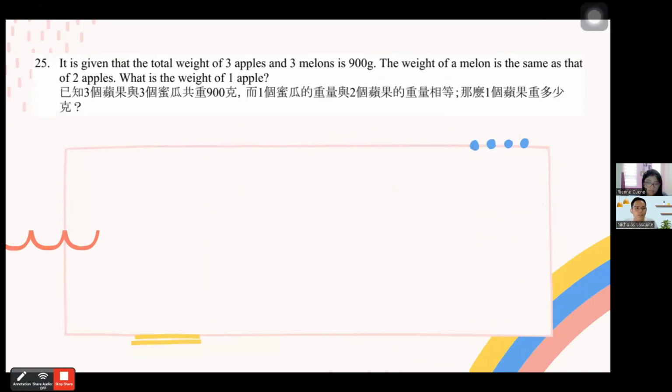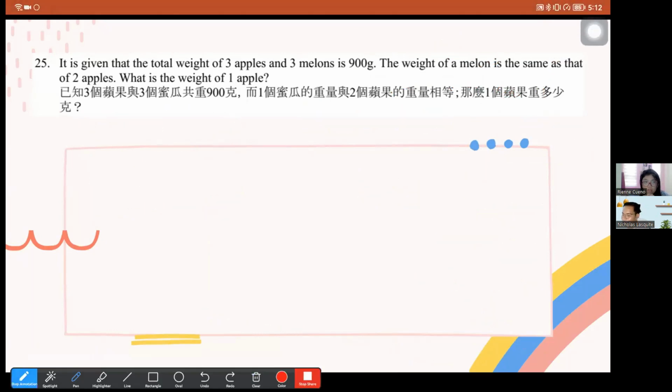Okay, so it is given that the total weight of 3 apples and 3 melons is 900 grams. The weight of a melon is the same as 2 apples. So you have 3 apples plus 3 melons, that is equal to 900 grams.